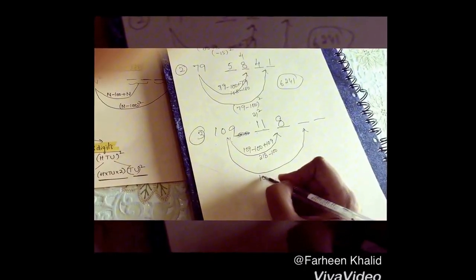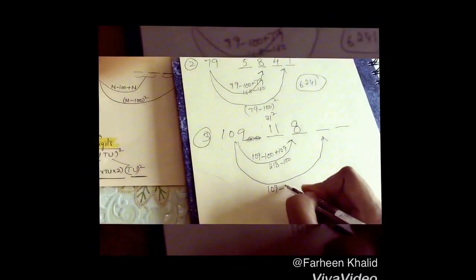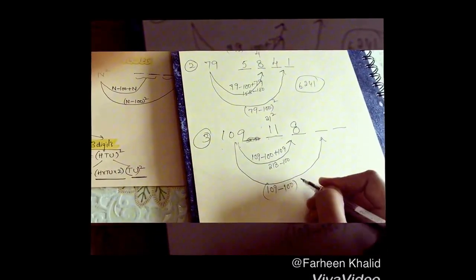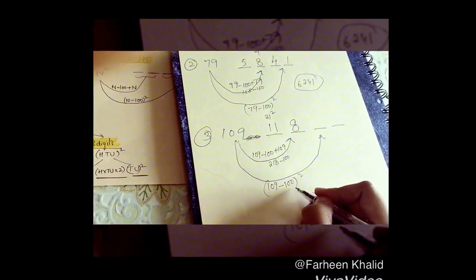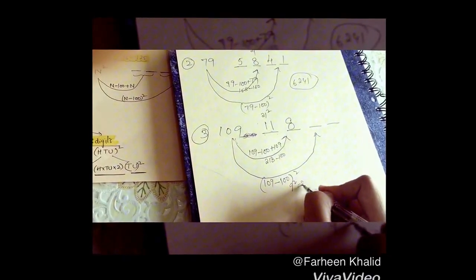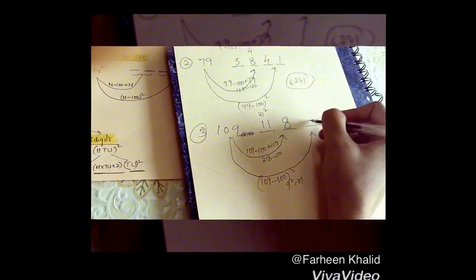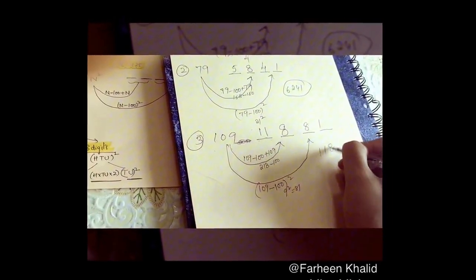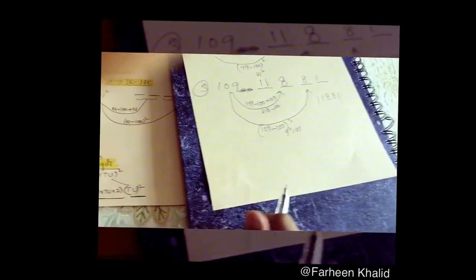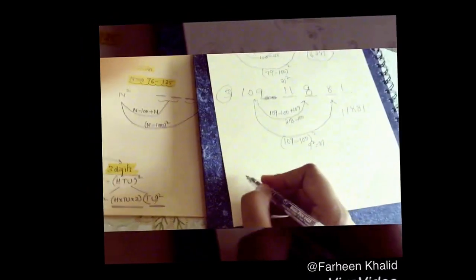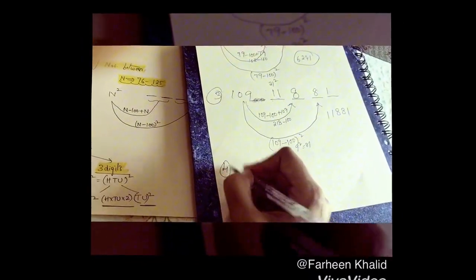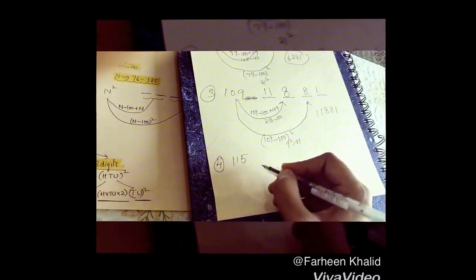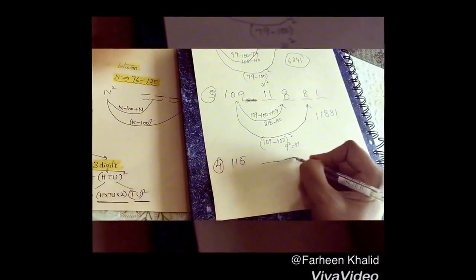So it is supposed to be 109 minus 100, and the square for this one, which is supposed to be 9 square, which is 81. So we put the 81 here. Okay, so our answer is 11881. Easy. Now let's do one more 3-digit example so that you can become an expert at this. So it's 115, and then you have again 4 spaces.